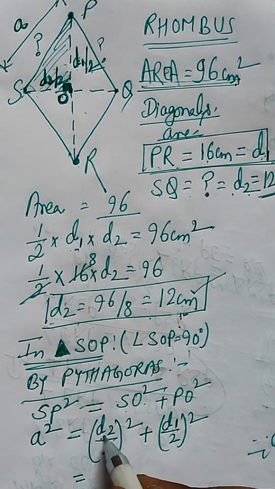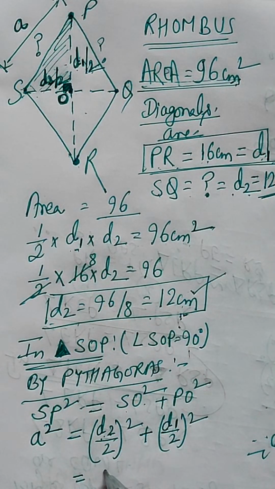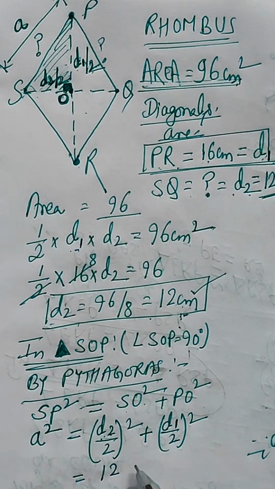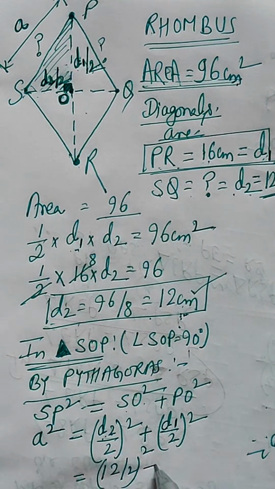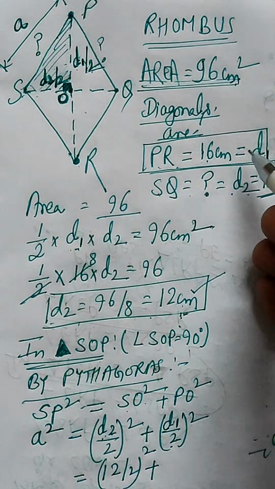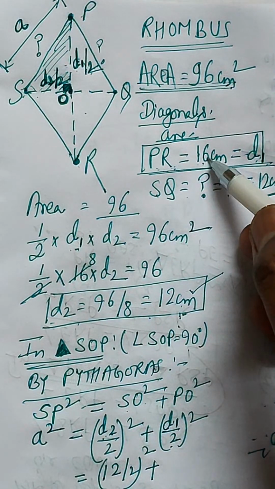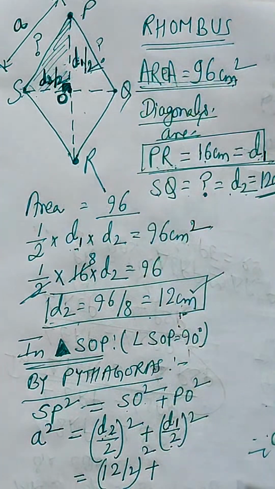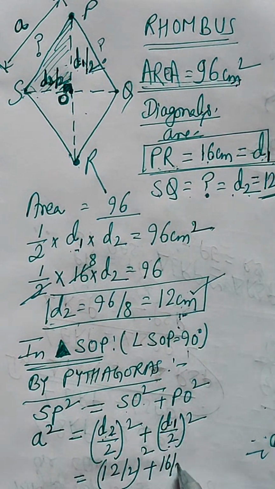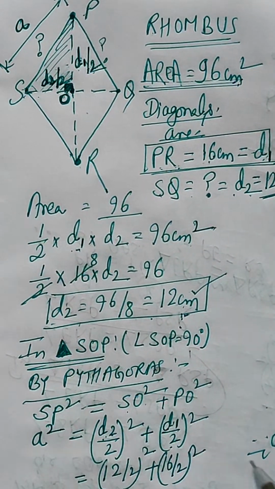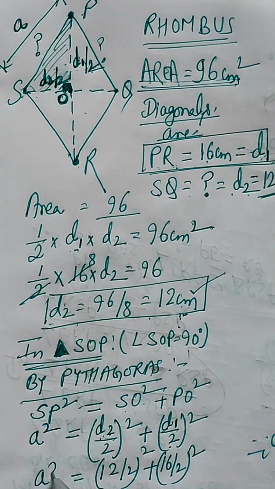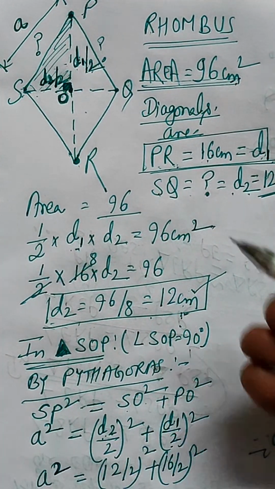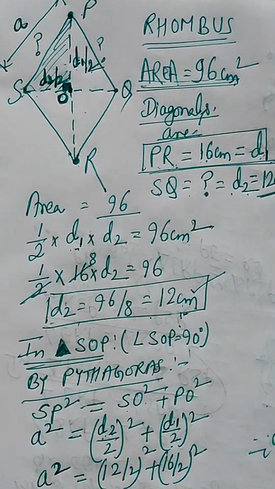So in place of d2, write 12. It will be 12 by 2 whole square plus 16 by 2 whole square. This is a very simple calculation, and this is equal to A square, the side of the rhombus squared.